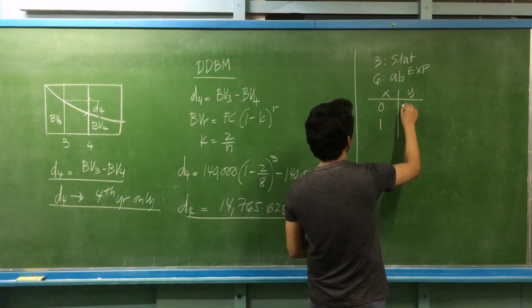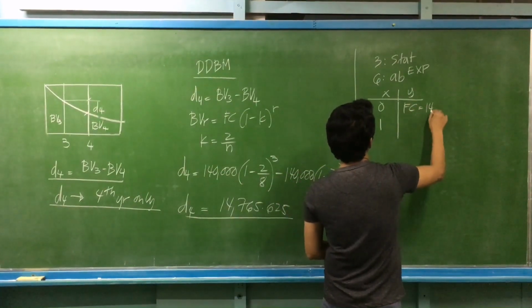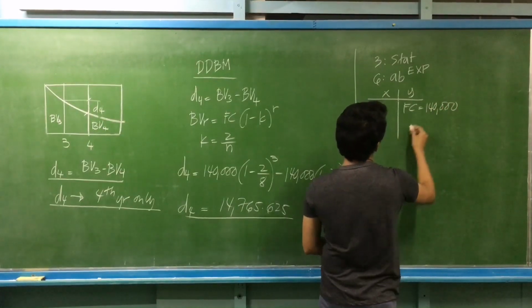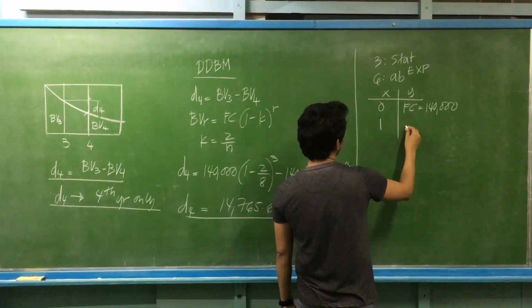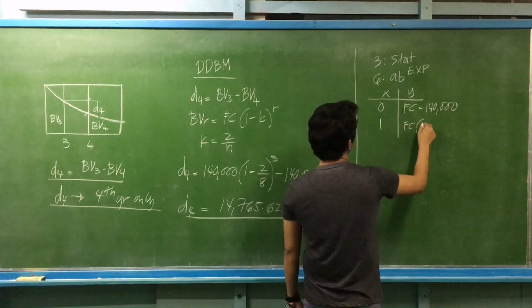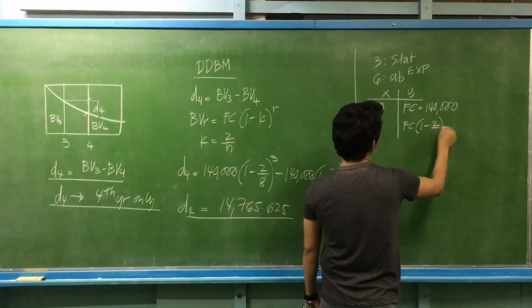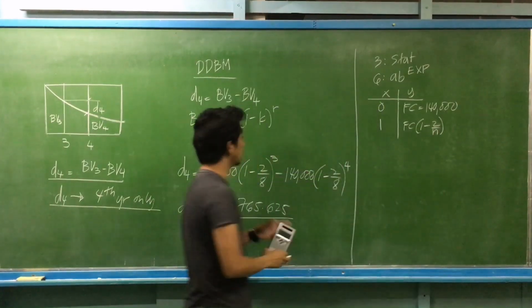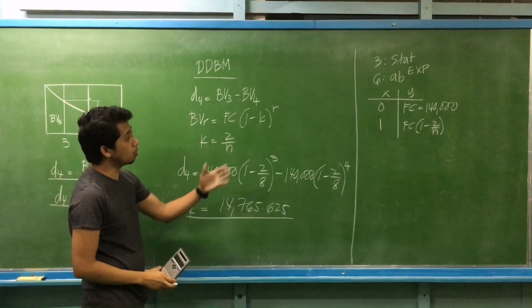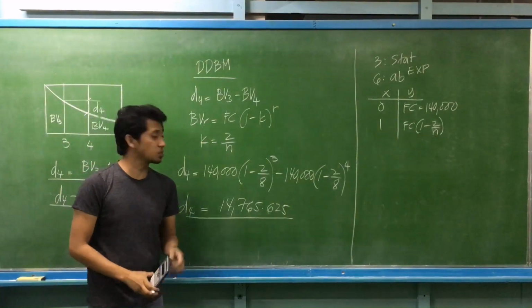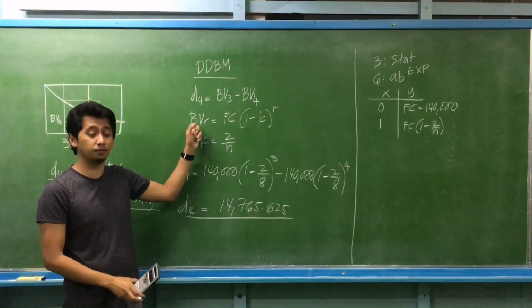Tapos yung nandito is the first cost, which is equal to 140,000. Tapos yung dito naman is first cost times 1 minus K, or 1 minus 2 over N, which is the equivalent ng K. So kung gagamit ka ng calculator technique, it's the same lang na parang gumamit ka na rin ng formula.